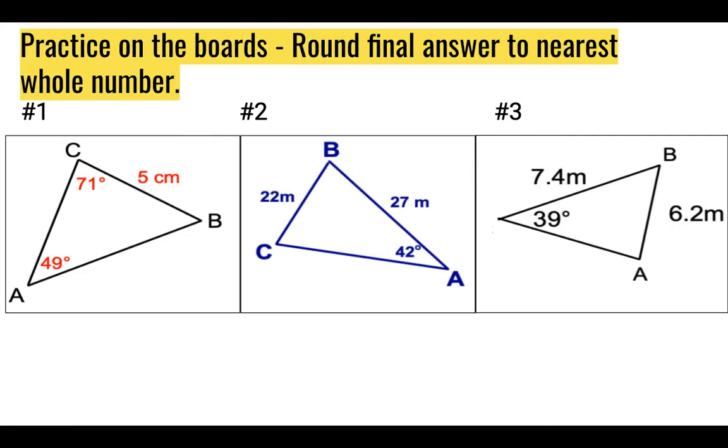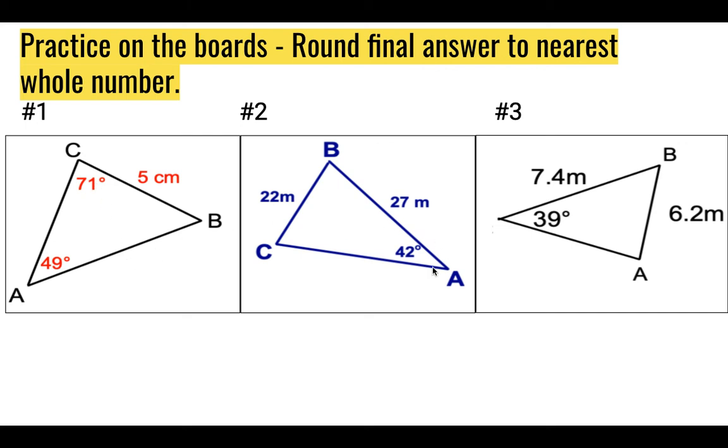Okay, so here is some practice questions for you to do. I would pause the video here. Make sure you can figure out which letter you're going to be solving for in each of these three triangles, and then do the math and see if you can get the correct answer. So this one, you have both A's, you have one C, so that means you're going to find little c.